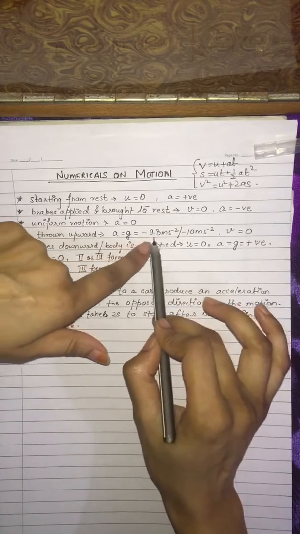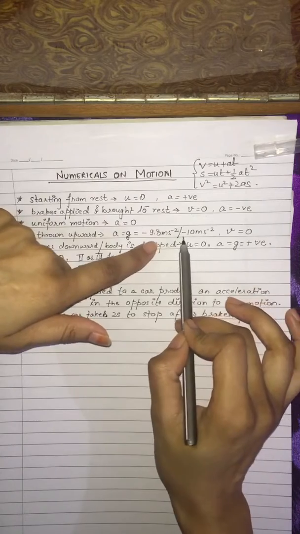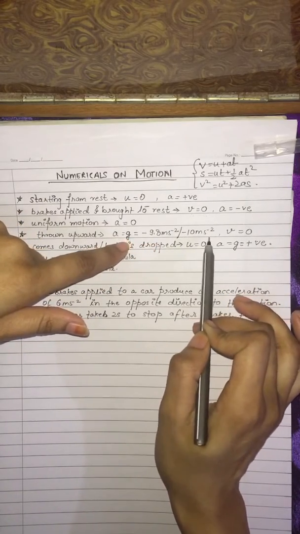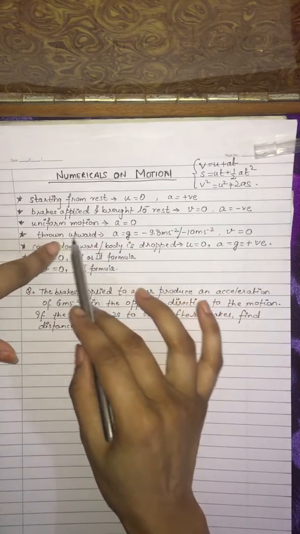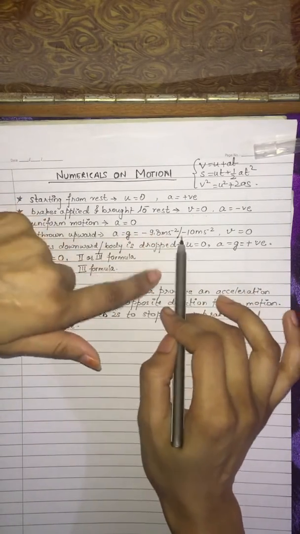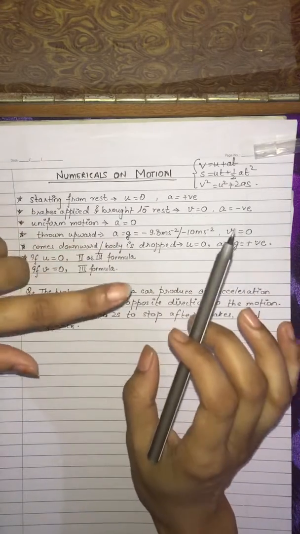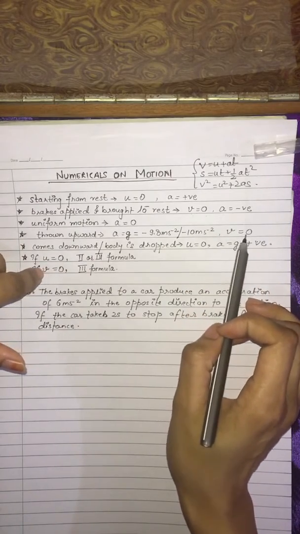A equal to g will be negative, minus 9.8 or minus 10. If it is given in the question that you can take 10 meter per second square, then we will take 10 meter per second square, but it is thrown upward, so we will take a negative sign. Okay, and v will be 0. Why? Because it will go to a certain distance and the velocity will become 0.